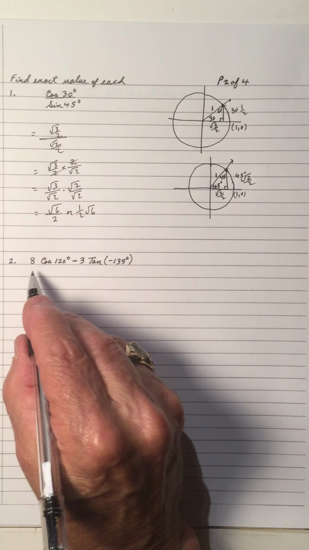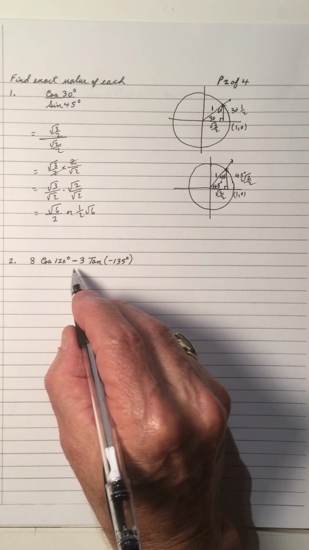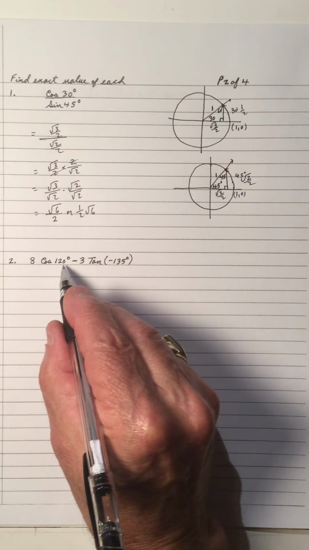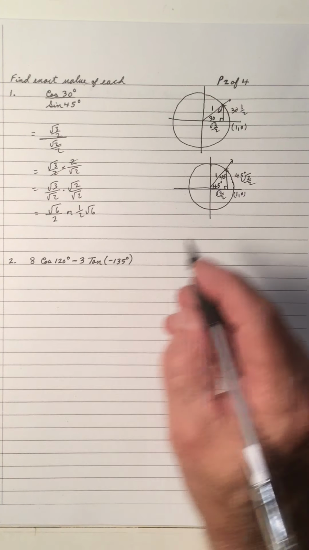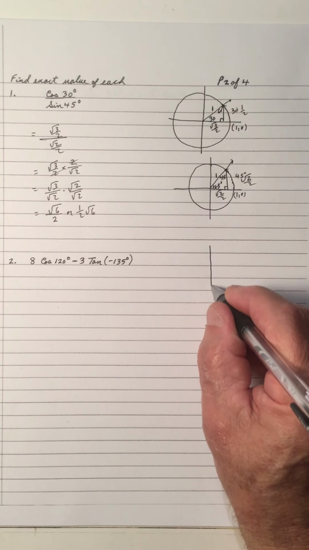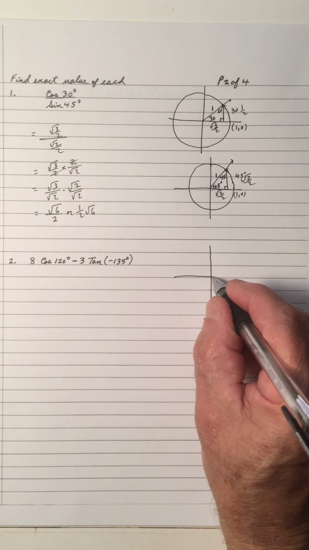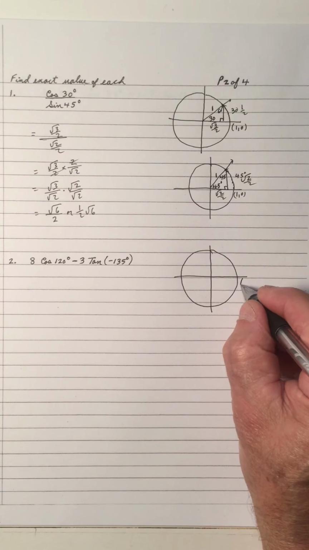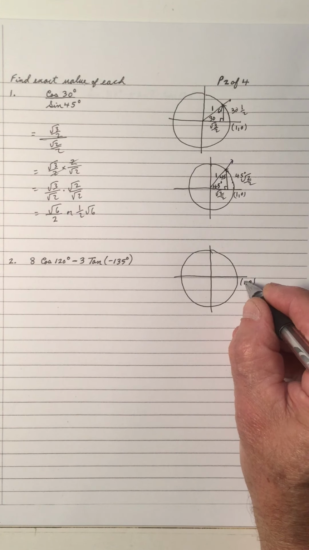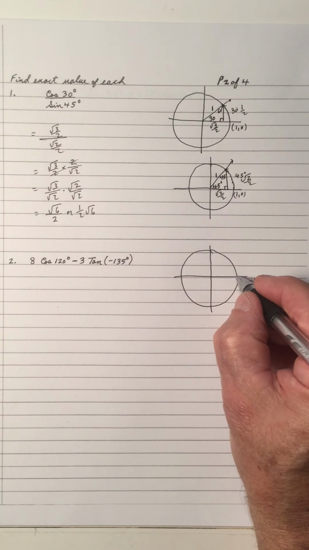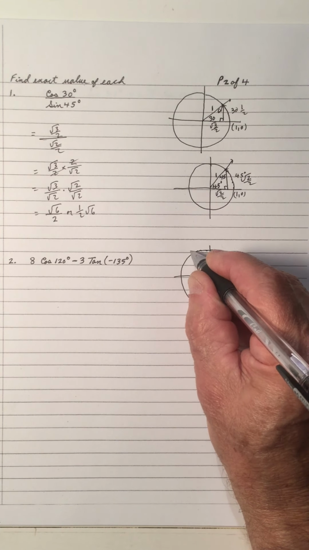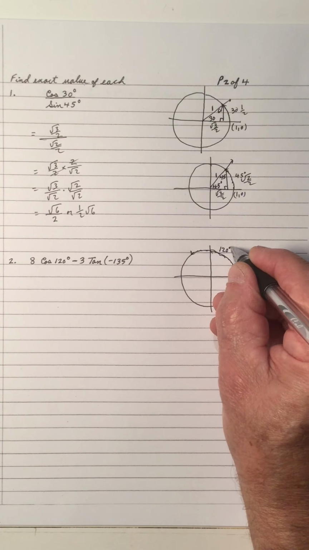And number 2, 8 cos 120 minus 3 tan of negative 135. Let's draw the circle with 120 degree rotation. So this is the circle, and we're rotating on a unit circle. (1, 0), rotate 120 degrees, 90, and that's 120.